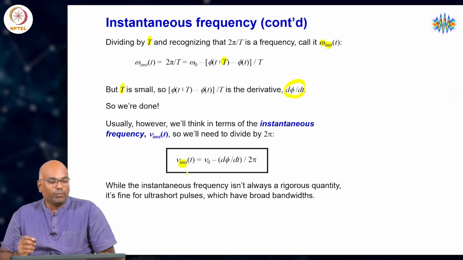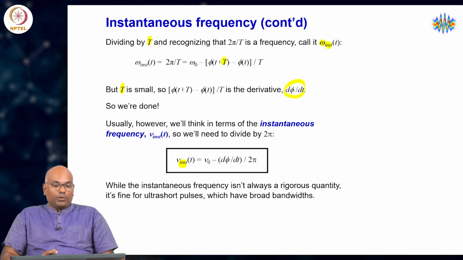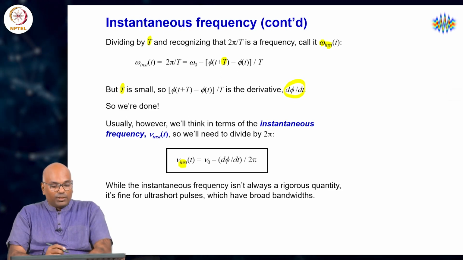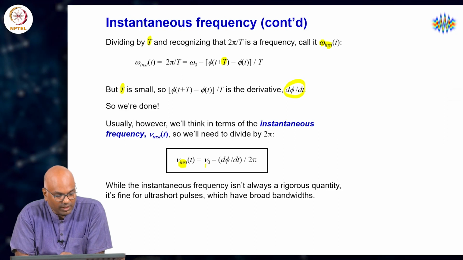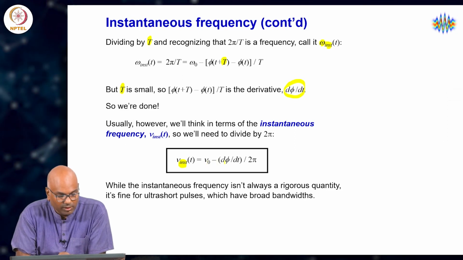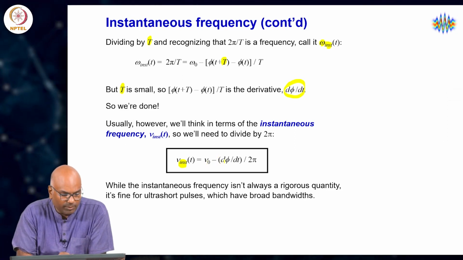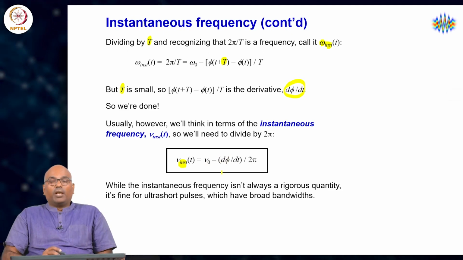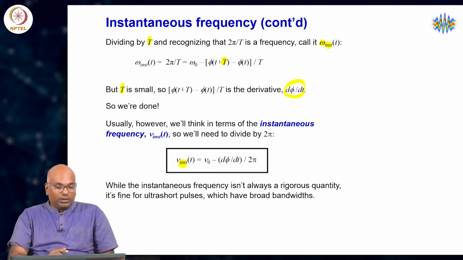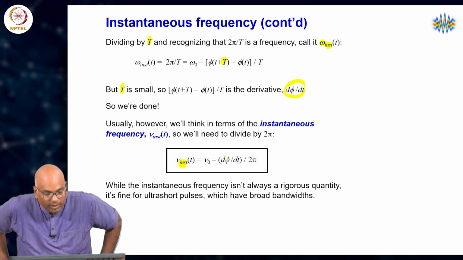In the domain of cyclical frequency, or just what we call frequencies, we essentially have this to be the same. So, this is nu naught minus 1 by 2 pi multiplying d phi by dt, because we use the angular frequency to describe phi of t.